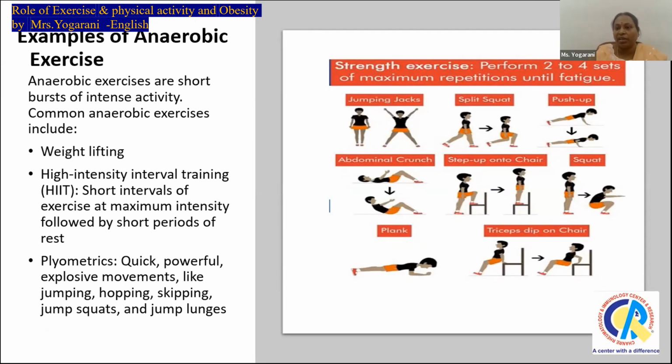In high intensity interval exercise, we use more weight and give very little rest period. This kind of exercise is called high intensity interval training. Plyometric exercise uses our own body weight as resistance, like jumping, squatting, and lunges. Those exercises come under this.